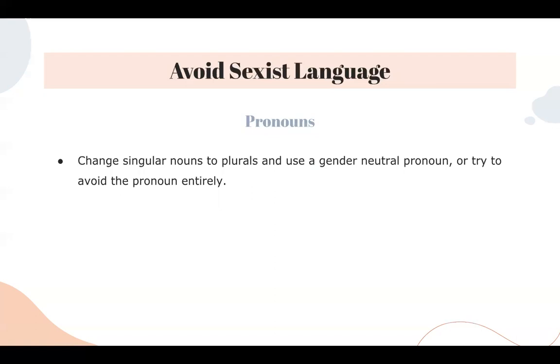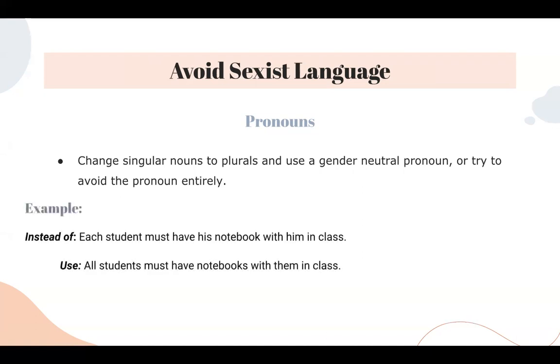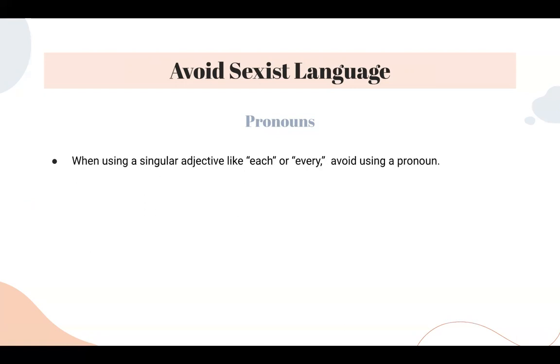Change singular nouns to plurals and use a gender-neutral pronoun, or try to avoid the pronoun entirely. For example, instead of each student must have his notebook with him in class, use all students must have notebooks with them in class.